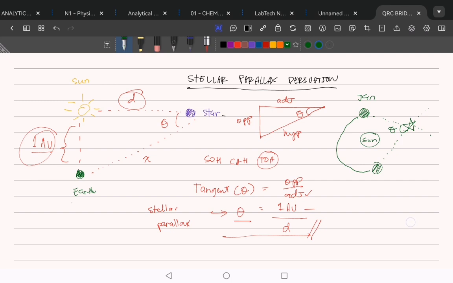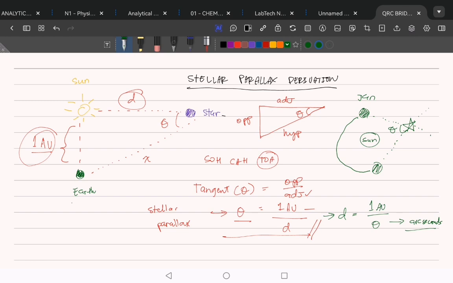So for us to be able to determine the distance of the star to the Earth, that will just be equal, okay, to the 1 AU divided by the theta. Remember, this stellar parallax is in the form of arc seconds. Kasi usually hindi naman ganun ka-major shift yung shifting of the position ng stars natin. That's why we are just using arc seconds.